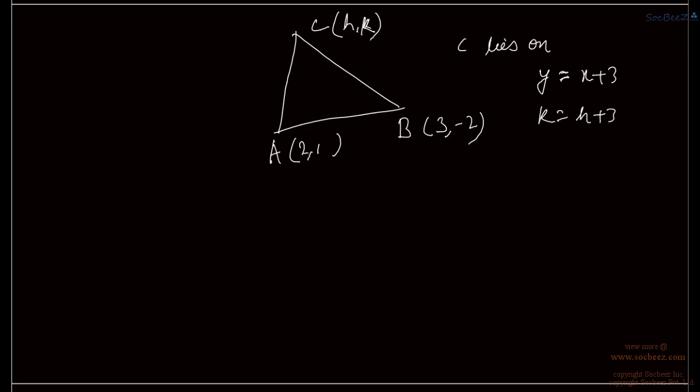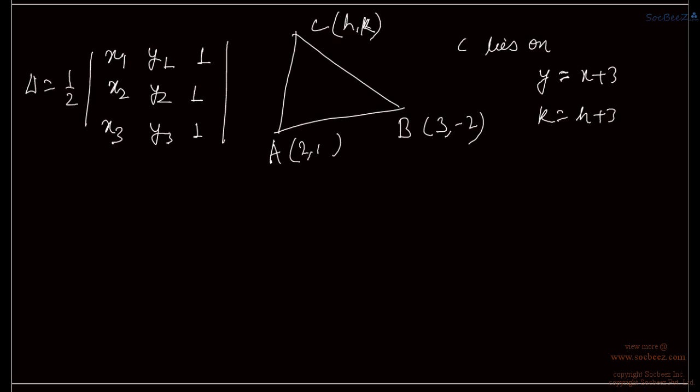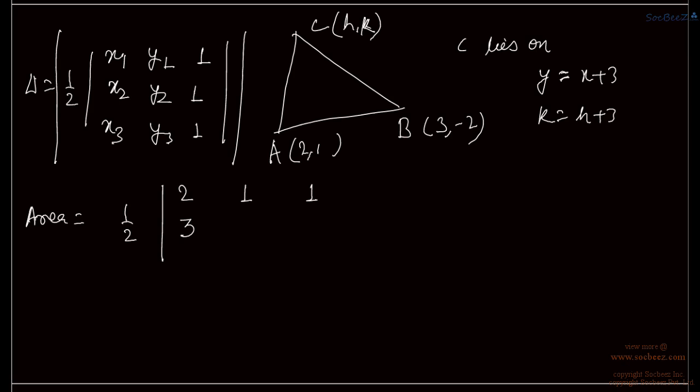So we have the area of a triangle as half of the determinant of x1 y1 1, x2 y2 1 and x3 y3 1, and we also have to take the modulus because this quantity should be positive, area is positive. So we have area as half into the determinant of (2, 1, 1), (3, -2, 1) and (h, k, 1), right?